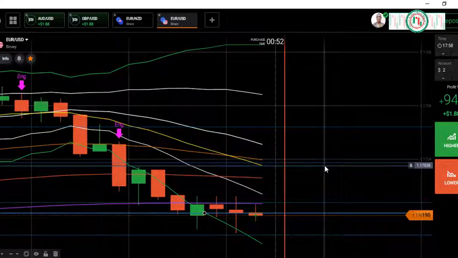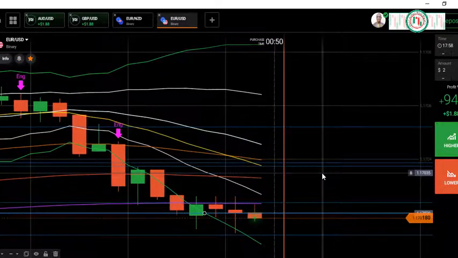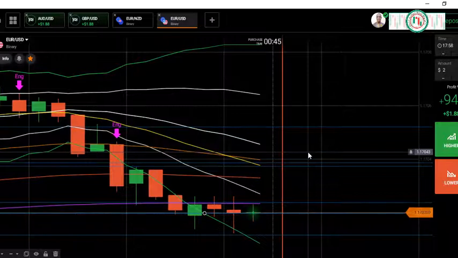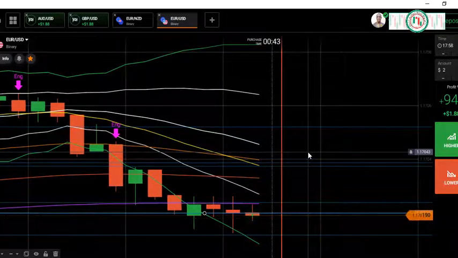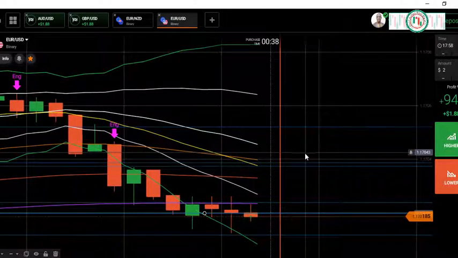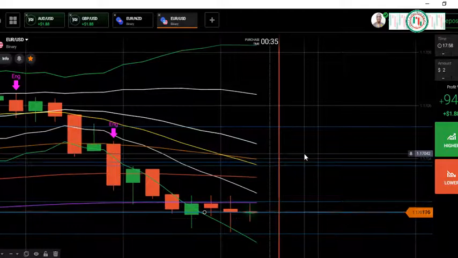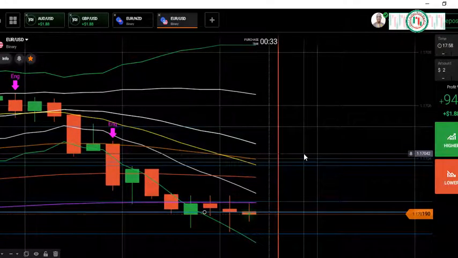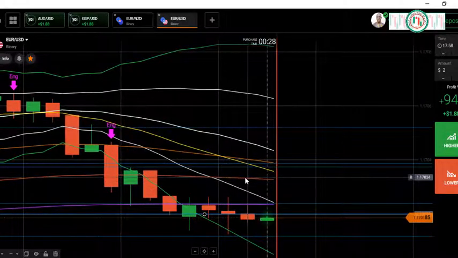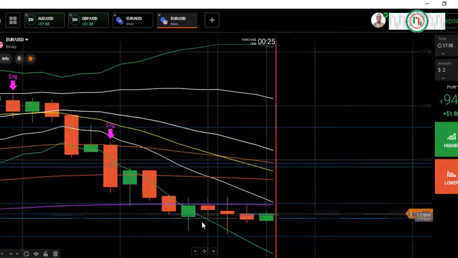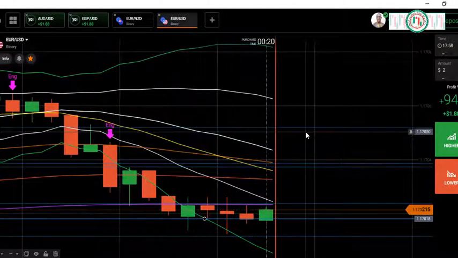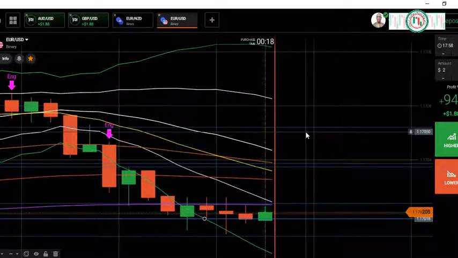All the pairs are not nice, so in this case we have to be very careful. You see, I am trying to get one more opportunity to leave the market.